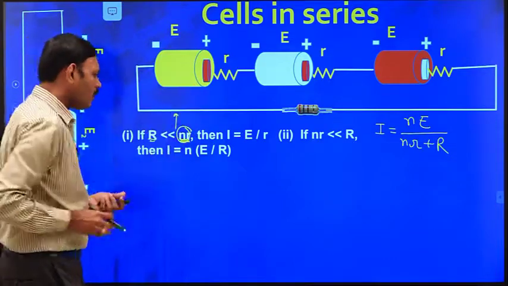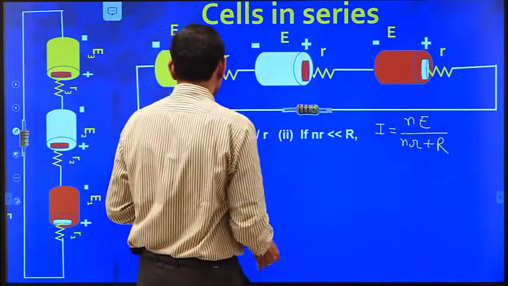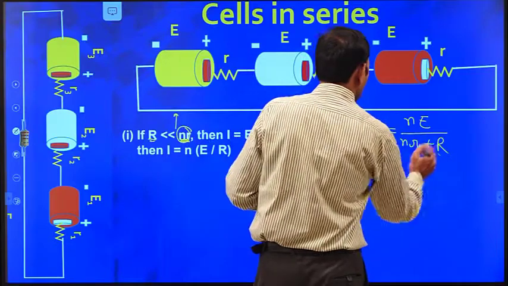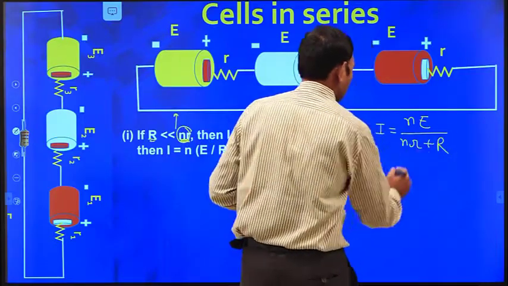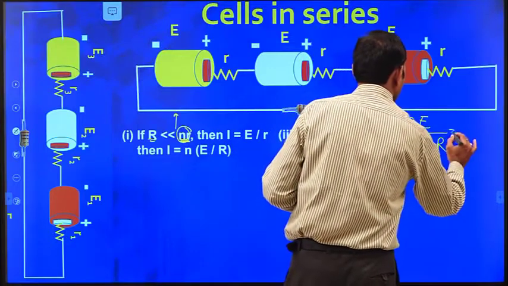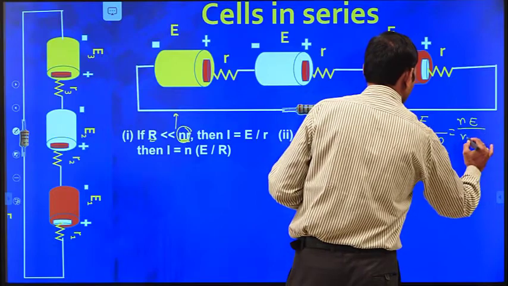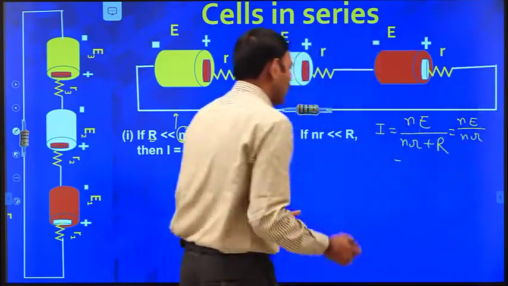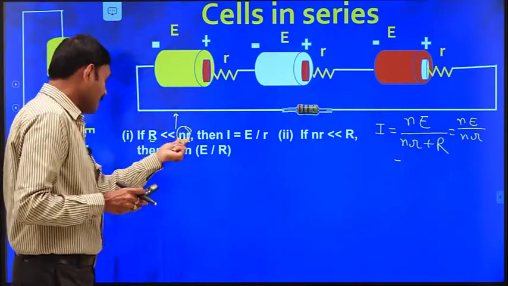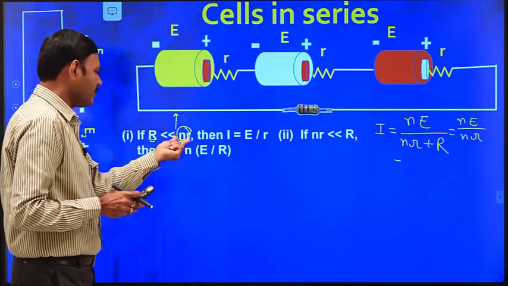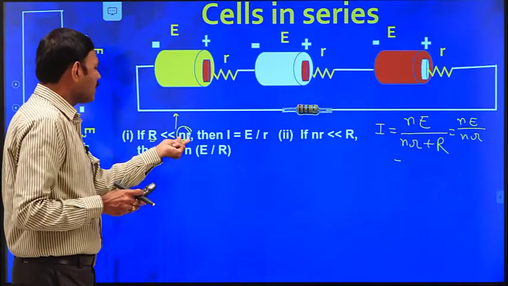So in such a scenario, consider this formula: in nr plus capital R, nr is very, very high. Therefore this becomes nE divided by nr. Small r is negligible, and capital R is negligible in value compared with the net internal resistance for a used battery.